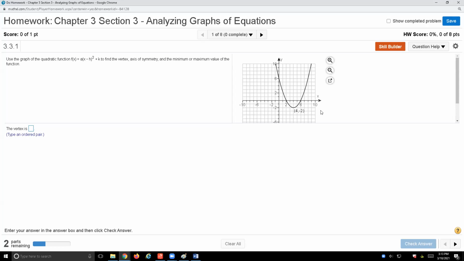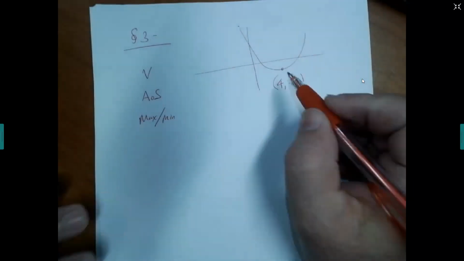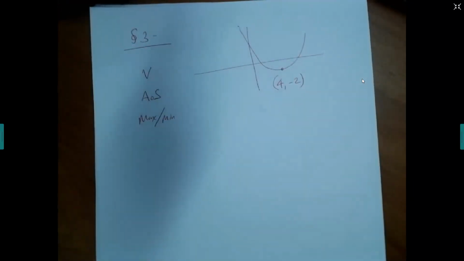Okay, in this one, find the vertex, the axis of symmetry, and the maximum or minimum value of the function. They didn't give us a function.